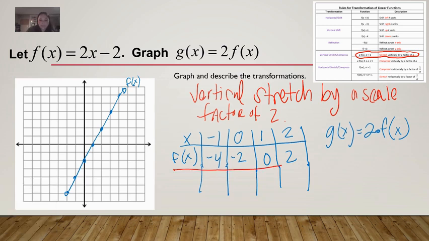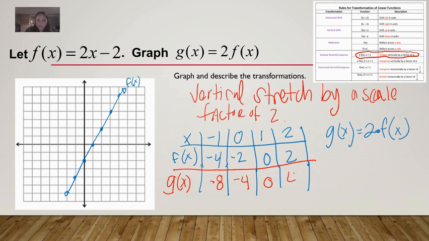So in order for me to get g of x, I had to multiply f of x by 2. So I'm going to take negative 4 and multiply by 2, and that gives me negative 8. Negative 2 times 2 is negative 4. And 0 times 2 is 0. And 2 times 2 is 4.